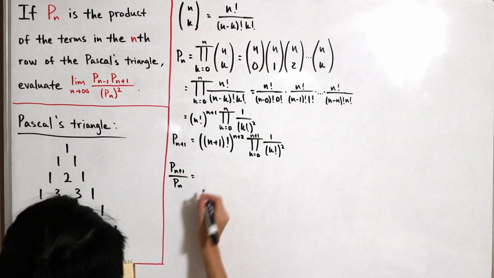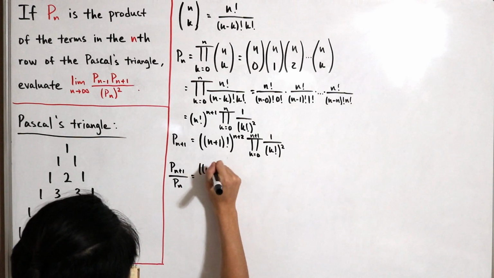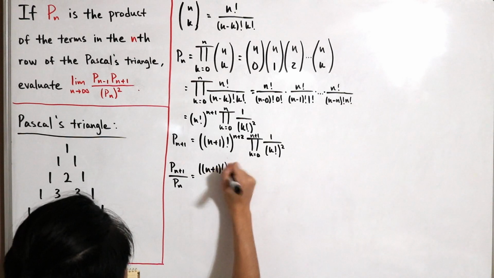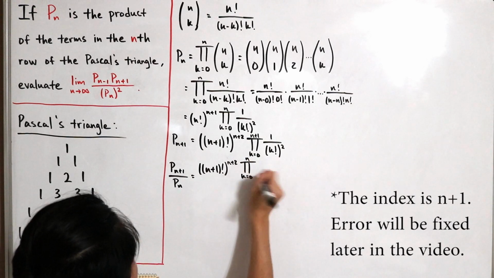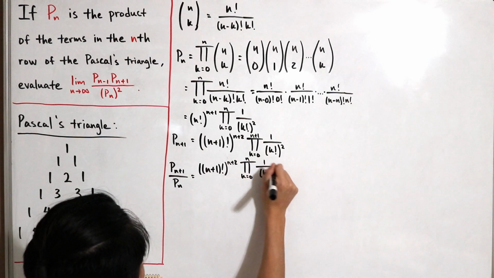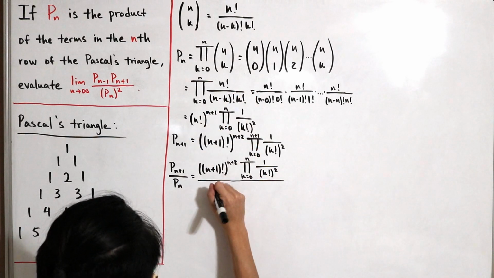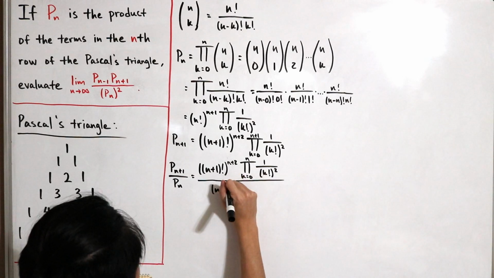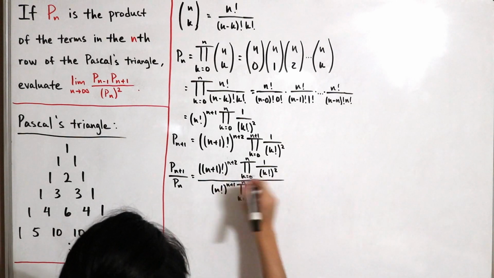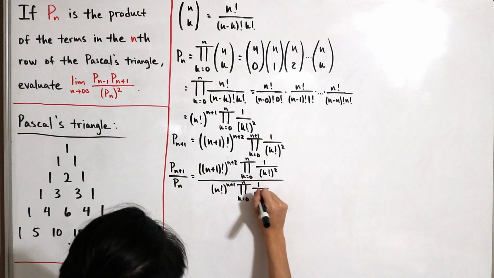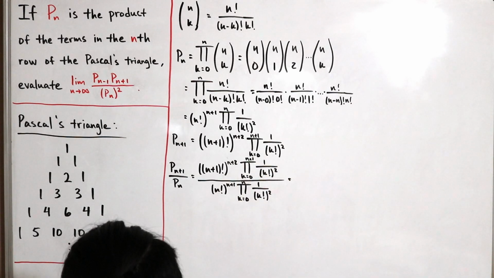We substitute: p sub n plus 1 is (n plus 1) factorial to the power n plus 1, multiplied with the product of 1 divided by k factorial squared, divided by p sub n, which is n factorial to the power n plus 1 times the partial product of 1 divided by k factorial squared.